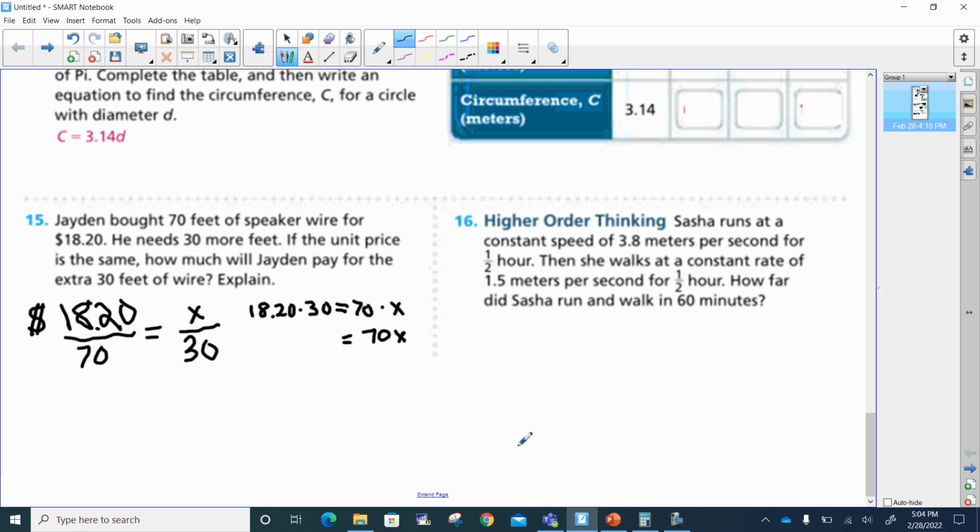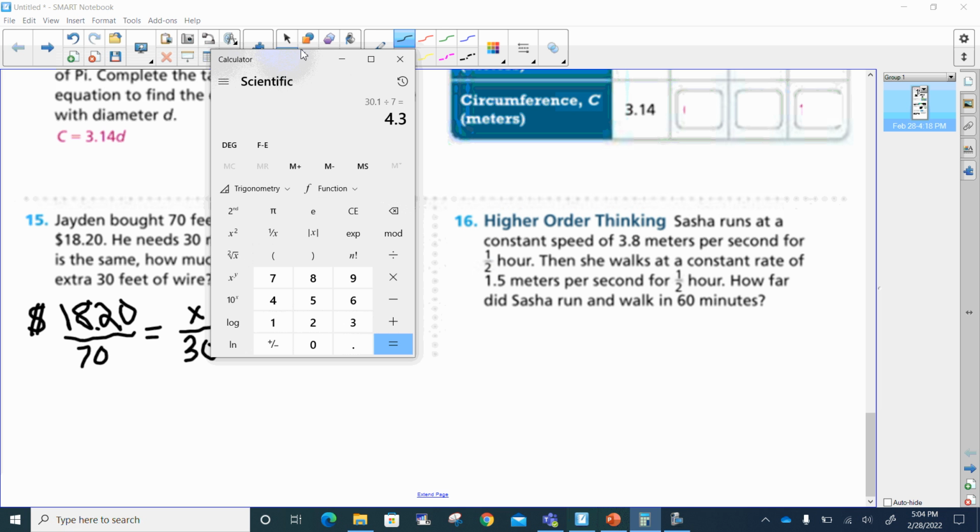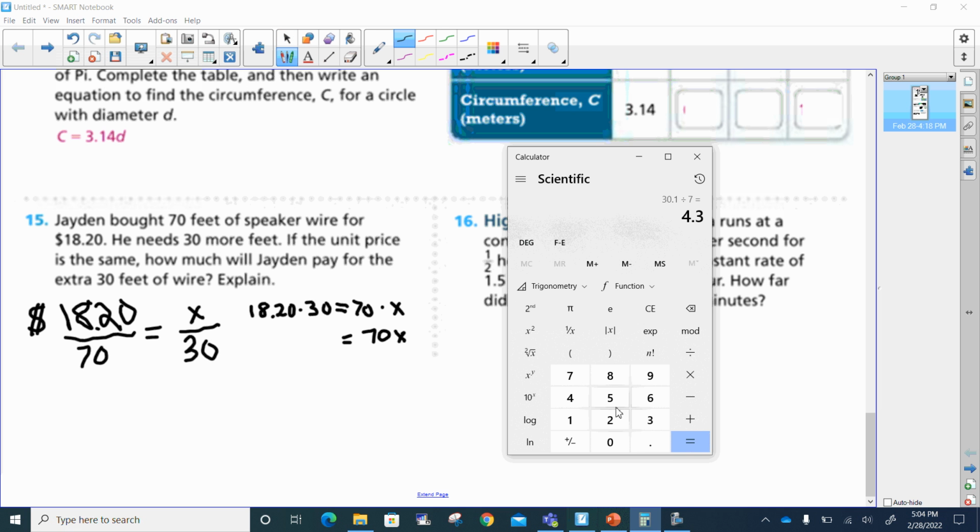We'll use the calculator to solve the other one. 18.20 times 30, and that's 546.